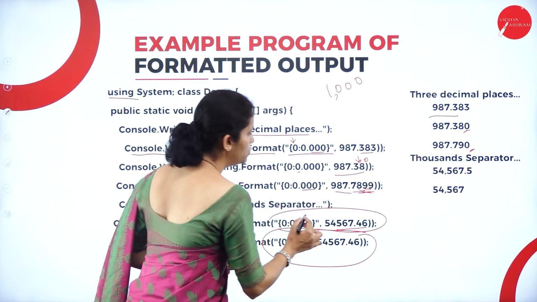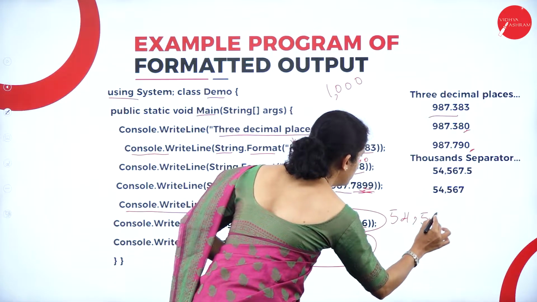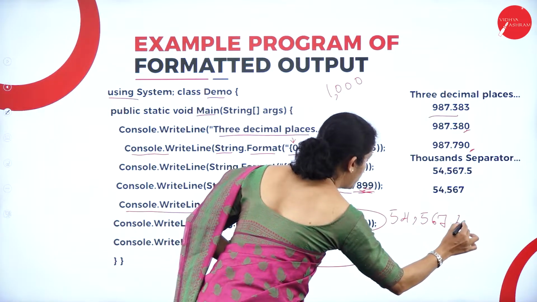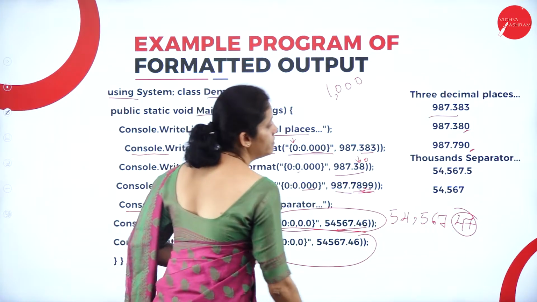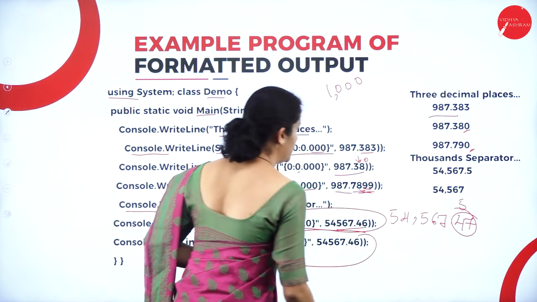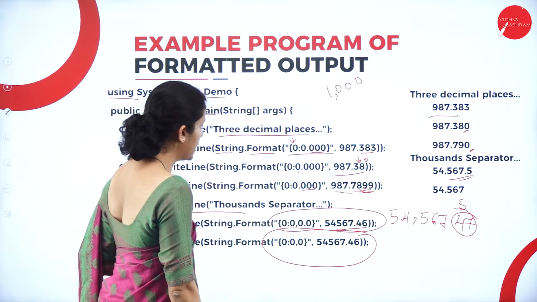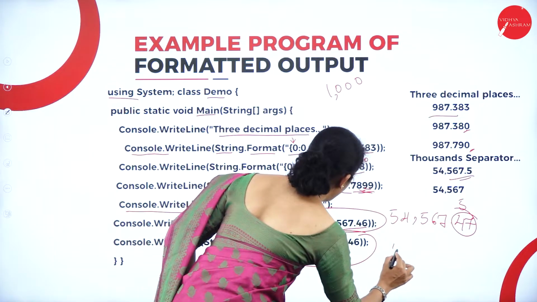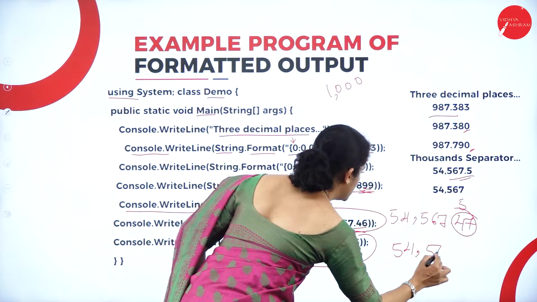So what I want to do, it is 54,567.47. So instead of writing 47, I can make it as 5. Okay, see, I got the output. Now if I consider the last line, it is 54,567.